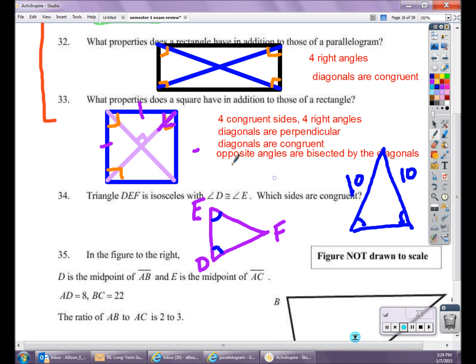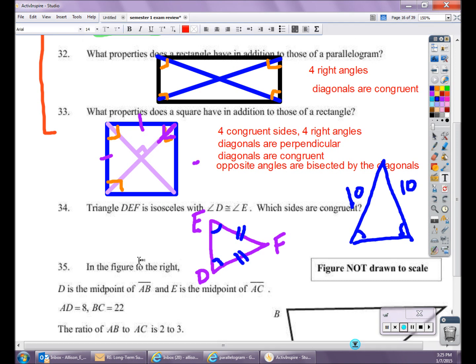This is exactly the same, but sideways. So just turn your head to the right, and you can see that this side would be the same as this side. So they're just trying to trick you a little bit by rotating the triangle, but don't be fooled.